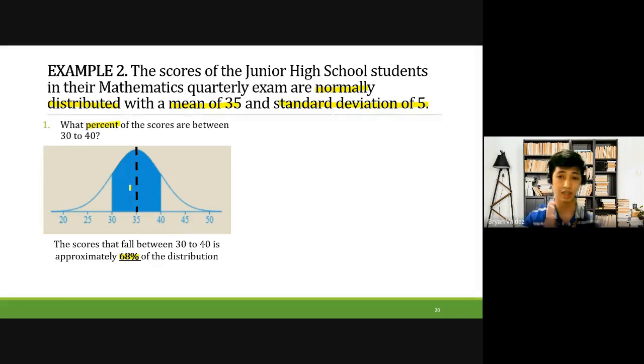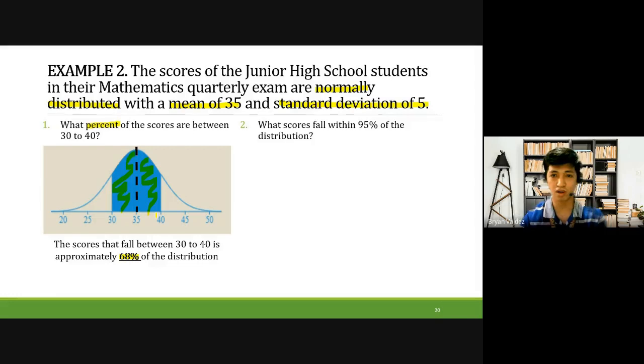Kung halimbawa walang data na binigay, parang hinihingan lang tayo ng approximation, so pwede nating isagot yung empirical rule. Kasi yung rule na yon is already proven. Pag sinabi natin rule sa math, it's already proven and then you can use it to prove something else. So itong area na to, that is approximately 68% of the distribution.